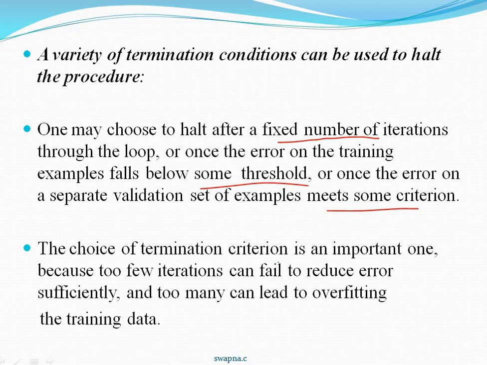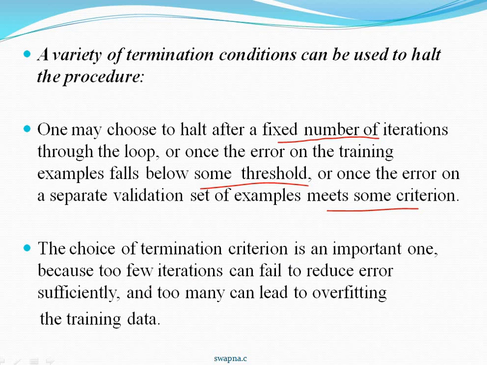The choice of termination criteria is an important one. Whichever choice we take, whether a fixed number of iterations, some threshold, or some criterion on the validation set, the choice of termination criteria is important.